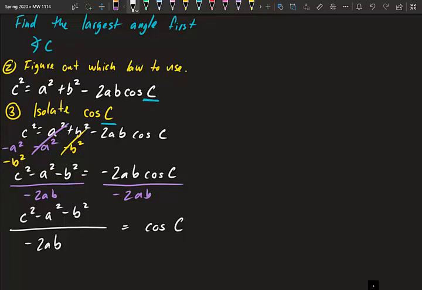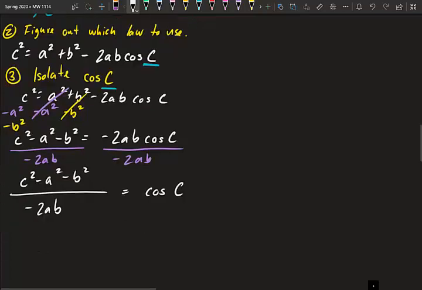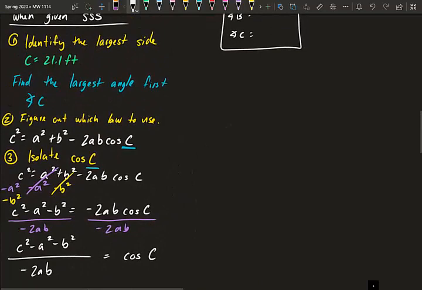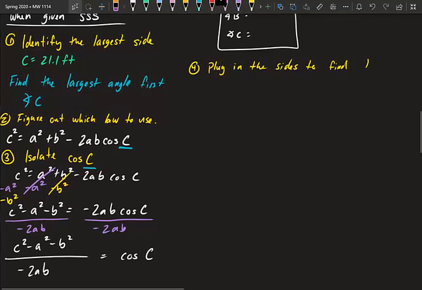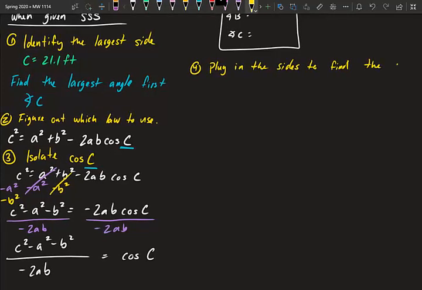All right, now that we isolated it, our fourth step, we're going to plug in all the sides to find the angle.